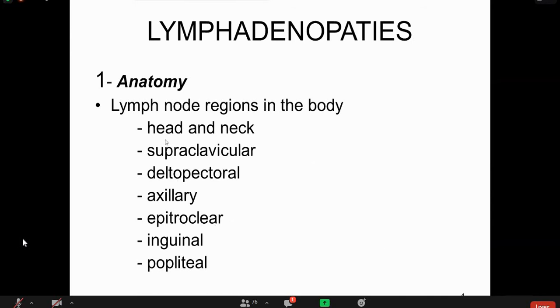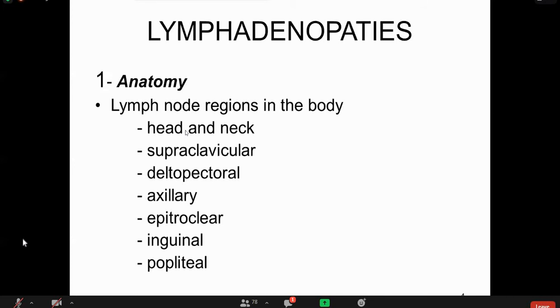As we already discussed, there are groups of lymph nodes in the head and neck, supraclavicular, deltopectoral, axillary, epitrochlear, inguinal, and popliteal. Please remember that enlargement of these lymph nodes is a sign of infection in the particular area from which these lymph nodes are draining.